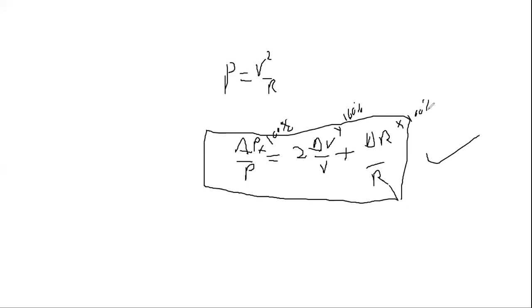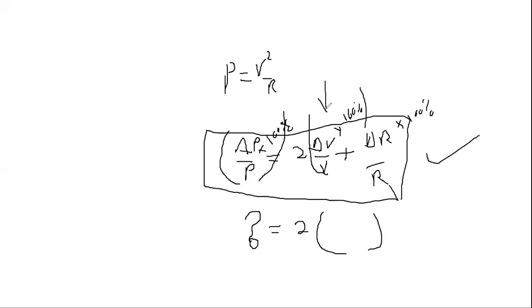Mathematically it should be correct. So we are looking for changes of P over P times 100%, the percentage uncertainty for the P. So it's same as 2 times this. What is this? This is the percentage uncertainty for the V, which is found to be 3%.